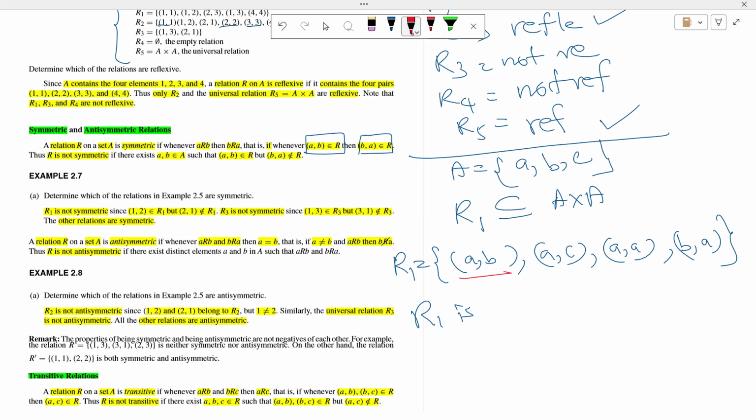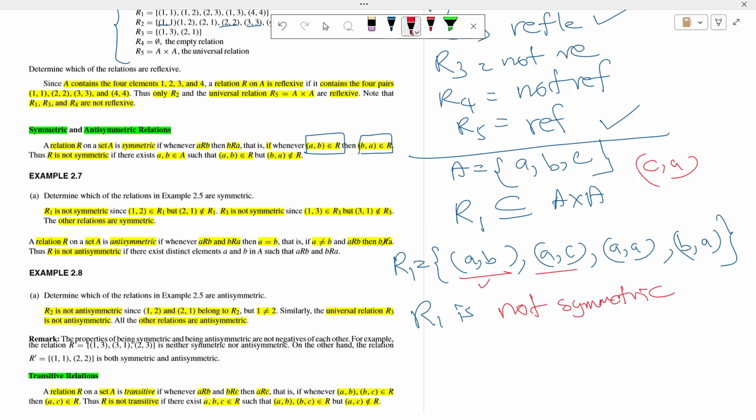B comma A is there, so that is correct. Now check the second pair, A comma C. Is there a C comma A? There is no C comma A in the relation. Because of that, you can say R1 is not symmetric.